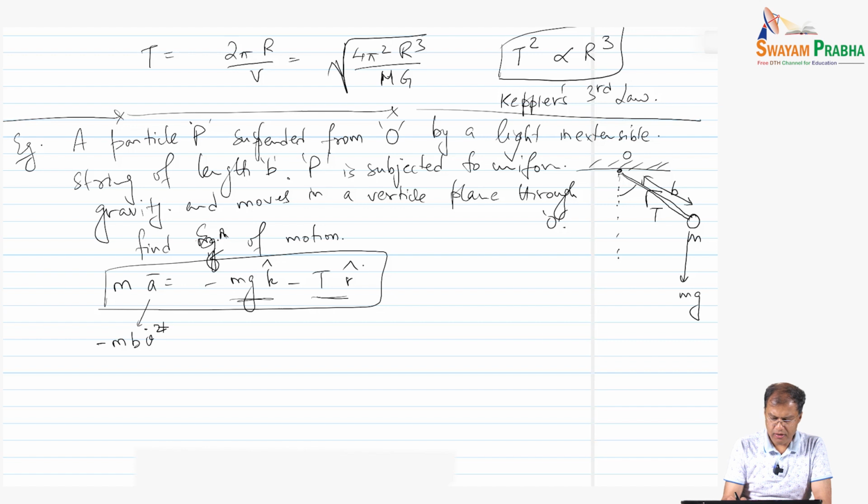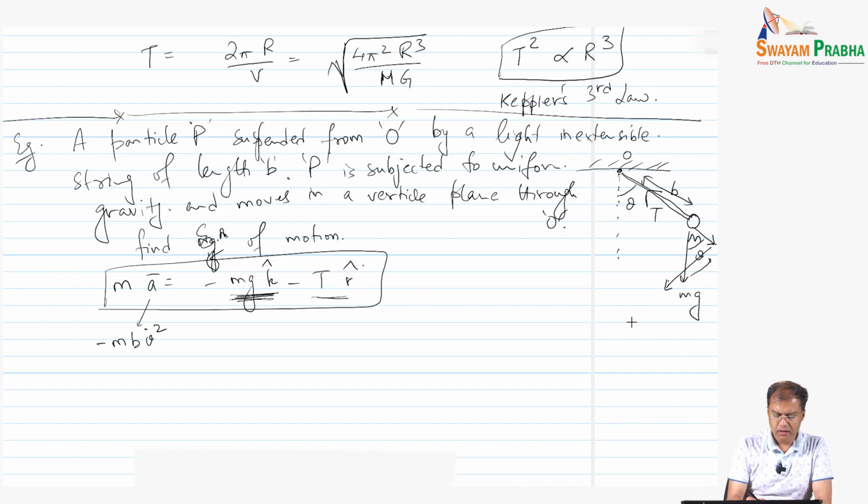We can resolve my weight component along the radial and the tangential direction. So if this angle is theta, this particular angle is also theta, and we have this component along the r direction and this component along the tangential direction theta.